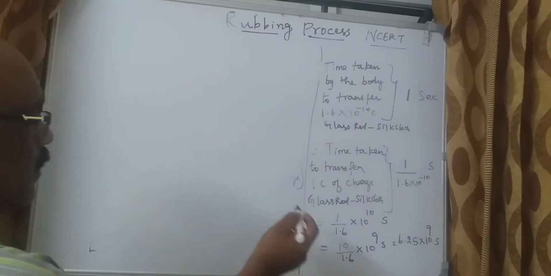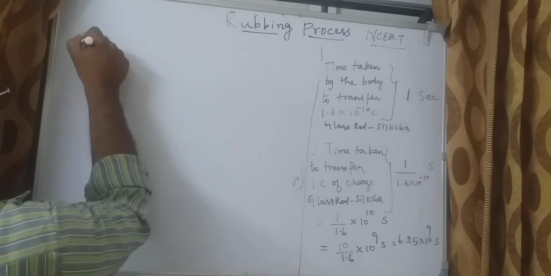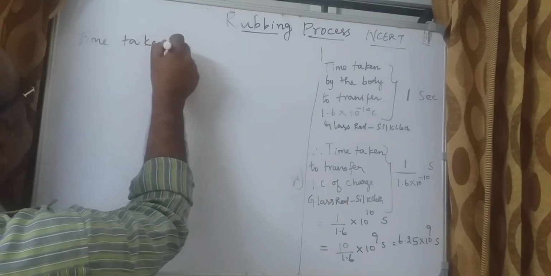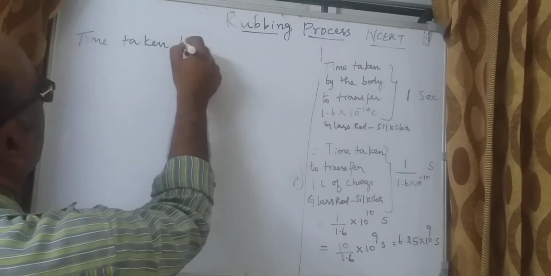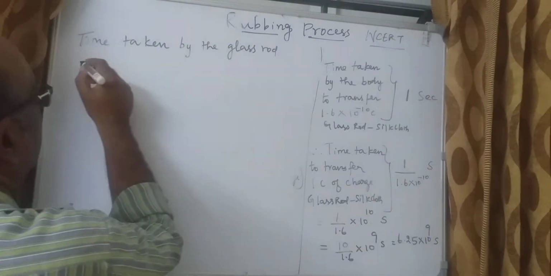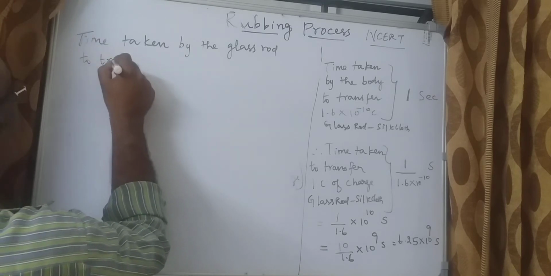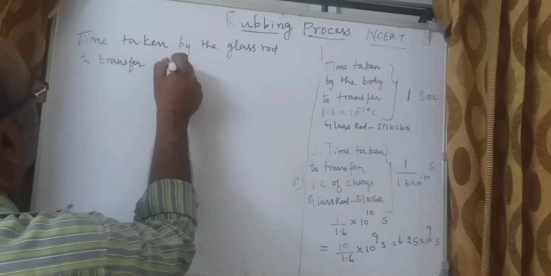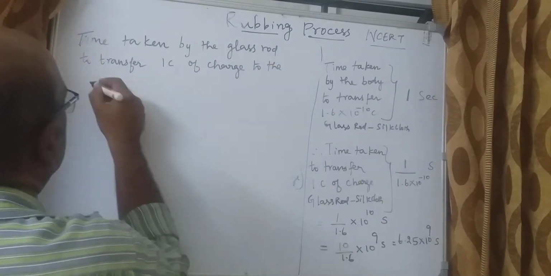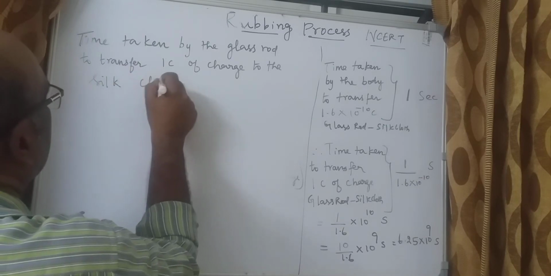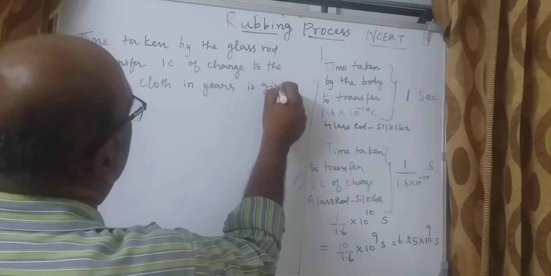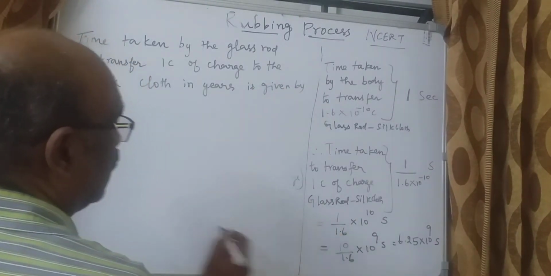Okay. So very simple. Now the time taken by the glass rod to transfer 1 coulomb of charge to the silk cloth in years is given by the answer here.